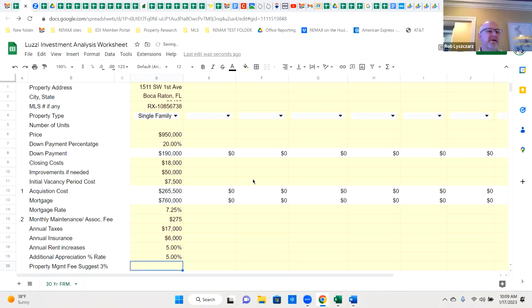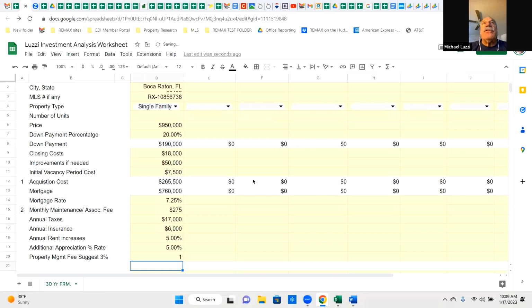Okay, and management for a property like this is probably going to be really low since it's a maintained property with an association, right? Right, and the good thing is they do the lawn and the landscaping, so it's included in that 275.